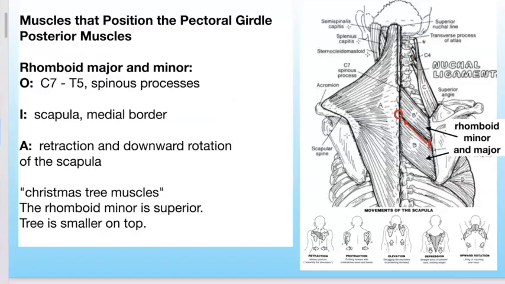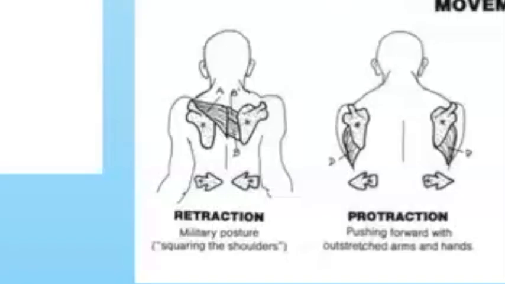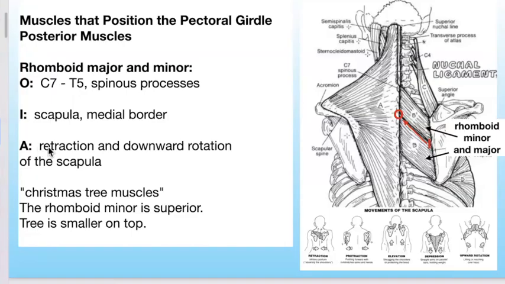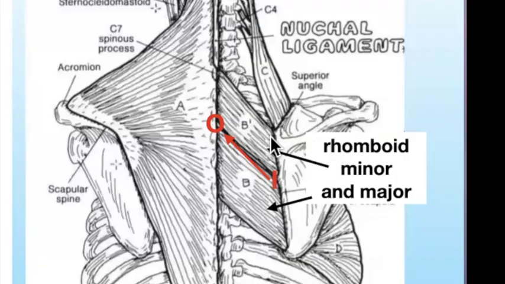Okay, next we have the rhomboid major and minor. The origin is C7 to T5, the spinous processes. The insertion is the medial border of the scapula. The action is retraction and downward rotation of the scapula. And you can now look at the triangle of the scapula and look at the whole medial border, not the little upper border that's kind of trimmed down and cut off, but the whole medial border, that is the insertion.